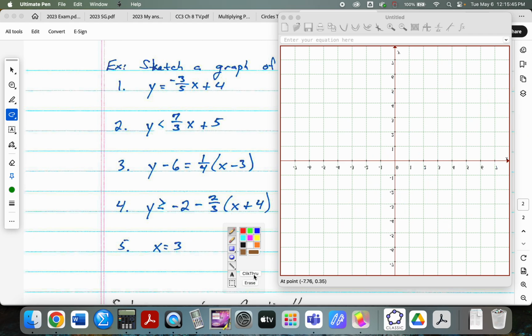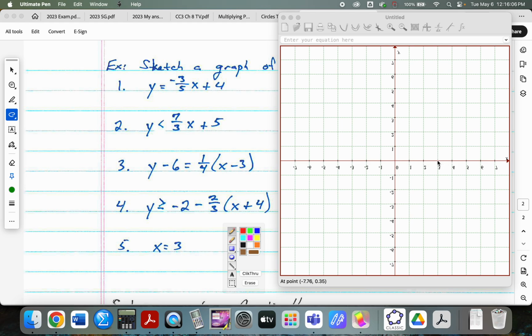All right, let's do another one. So y minus 6 is equal to 1/4 x minus 3. This is going to go through the point +3, +6, because the point slope form is y minus y1 and x minus x1.